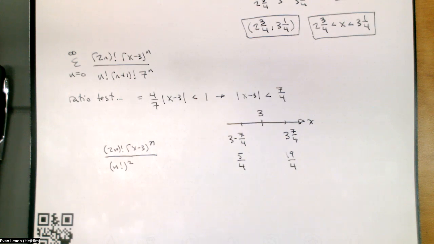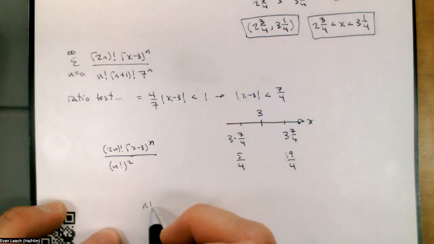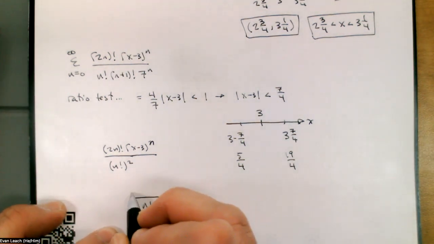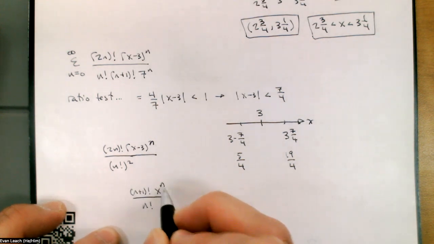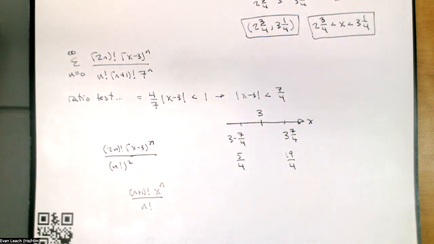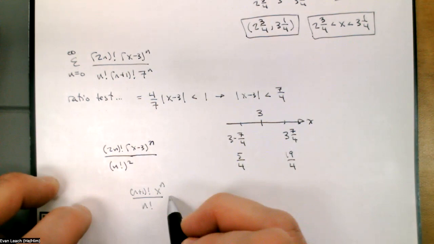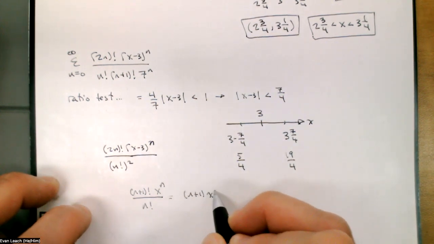Also notice that I had to go all the way up to a 2n factorial to balance things out. If I had in the denominator an n factorial and I tried to balance it out with just an n factorial, or say an n plus 1 factorial, these balance out too much because this should just be simplified. (n plus 1) factorial over n factorial is just n plus 1.